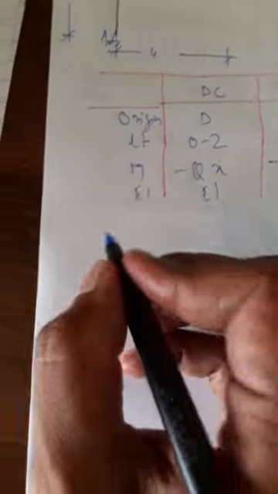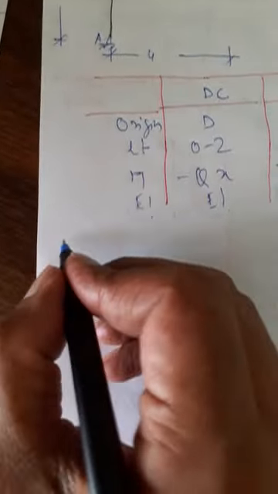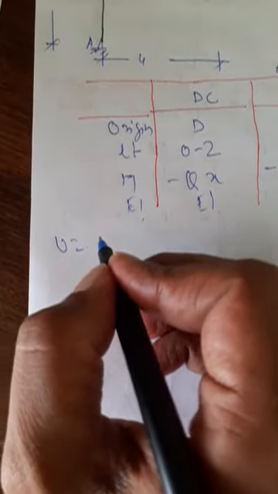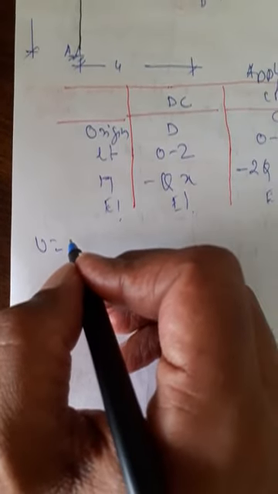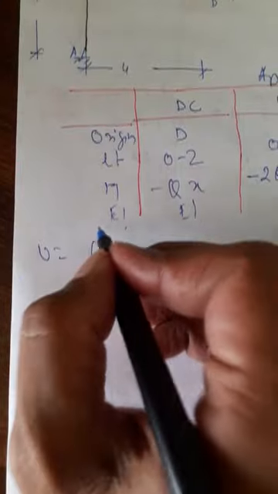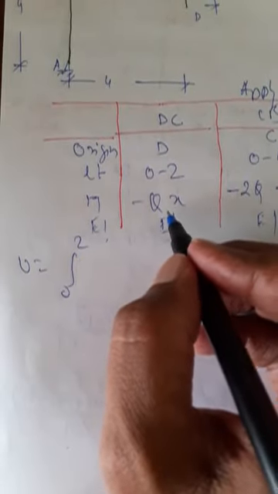Now we'll start with the equations. Strain energy U is integral 0 to L of M square by 2EI. So for the first term, 0 to 2, M square. Everywhere there is a minus, so I am going to take that outside.